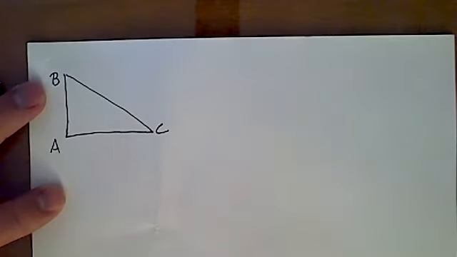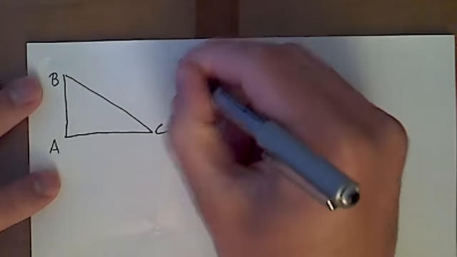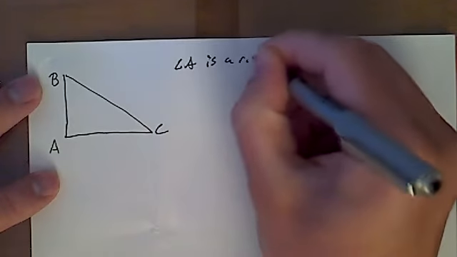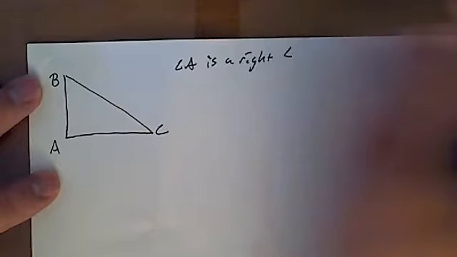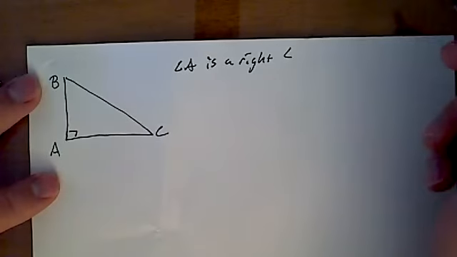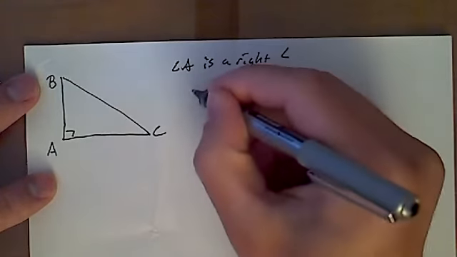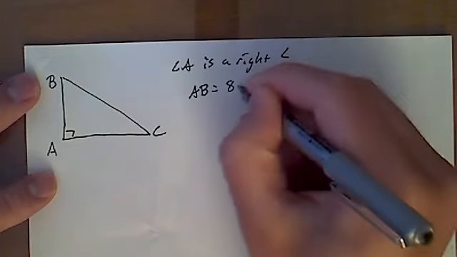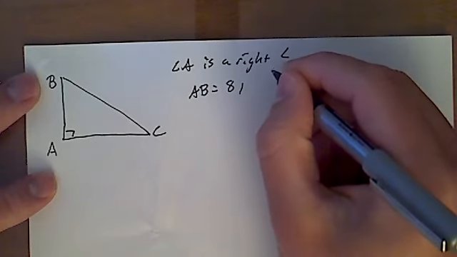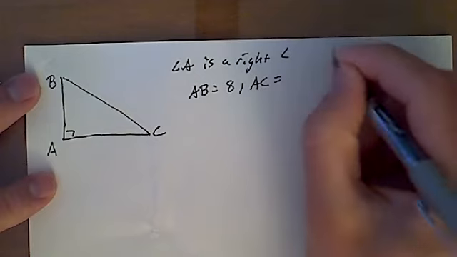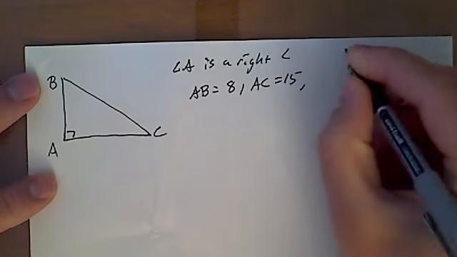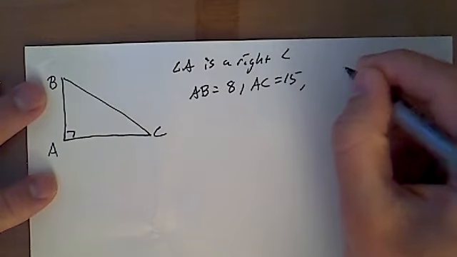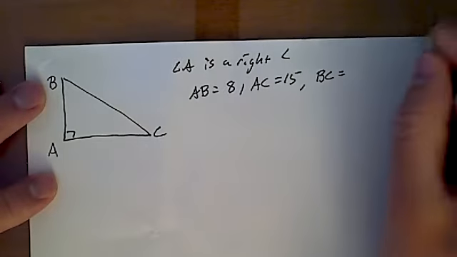All right, let's see. Again, it'll say angle A is a right angle. And then it would tell you AB is 8, AC is 15, and BC is 17.